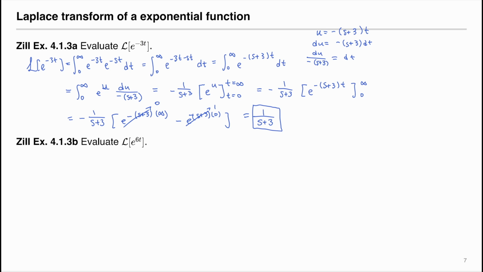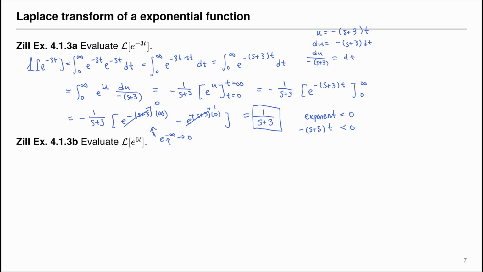But note that here we conclude that e to the negative infinity goes to 0 because it is an exponential decay. So the exponent has to be less than 0, has to be negative. So the exponent, which is negative s plus 3 times t, must be smaller than 0.